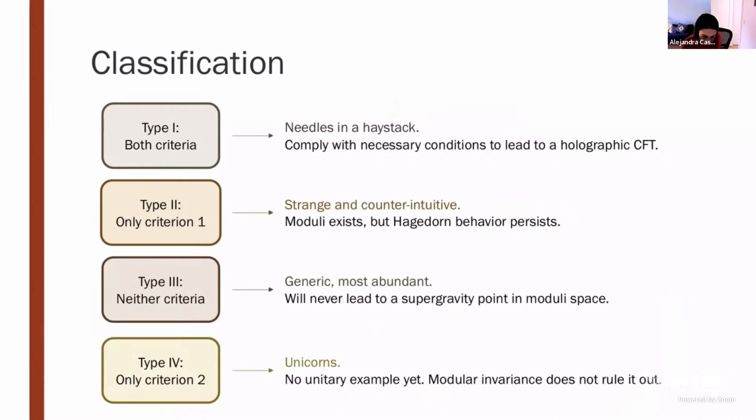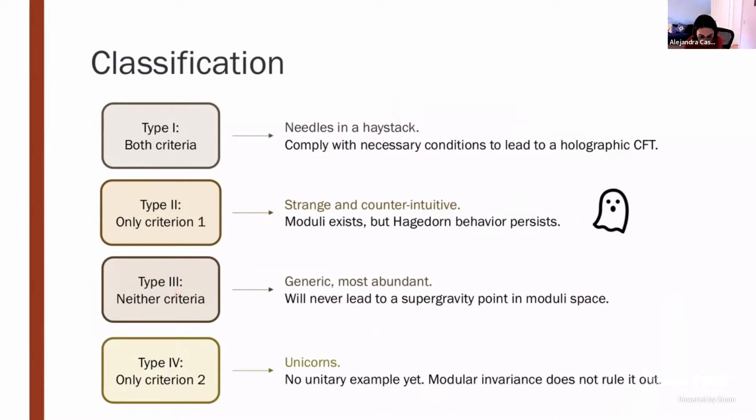Type 2 are the ones giving me a headache. They are the strangest, because you do have a moduli, and I'll show you why I'm so confused about this type. But the elliptic genera, if you compute it, has Hagedorn growth. So, not my favorite.